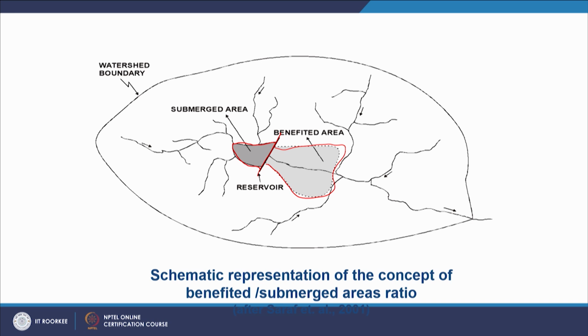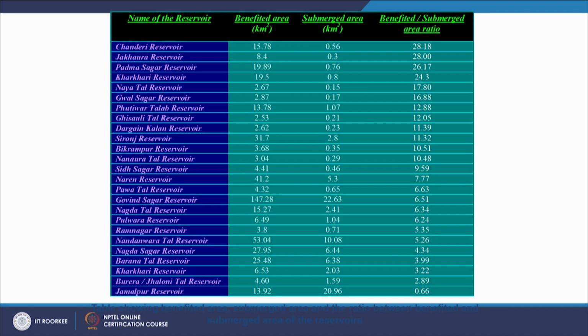If the ratio is more than 1, then it is causing a positive impact in terms of growth of vegetation or groundwater recharge indirectly. I am showing an example from the Bundelkhand granite.